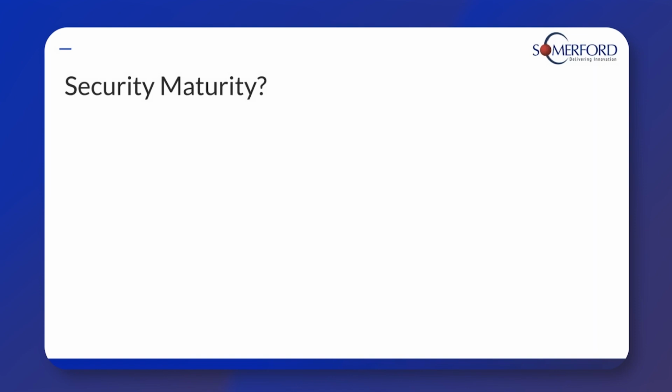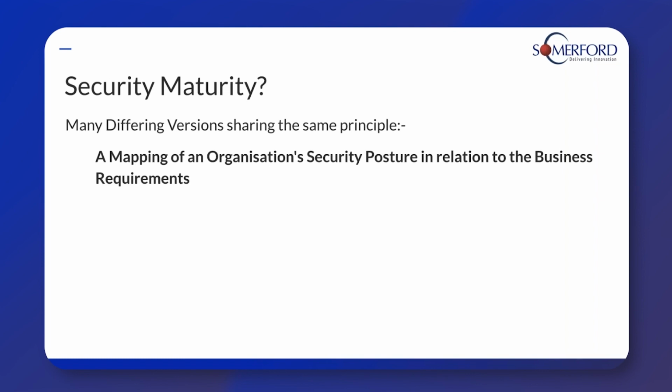So what do we mean by security maturity? Again, we talked about this last time, but there are many different versions out there. They basically share the same principle. That principle being a mapping of an organization's security posture in relation to the business requirements. So we're trying to understand how mature we are in line with what the business requires, right?